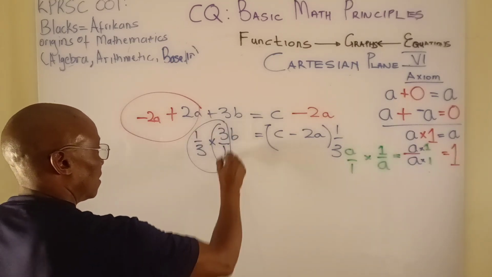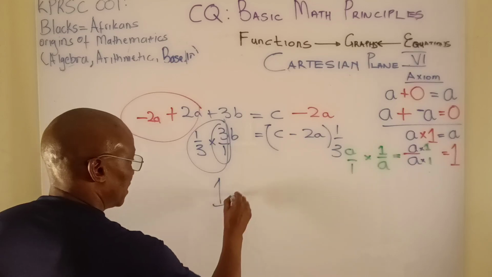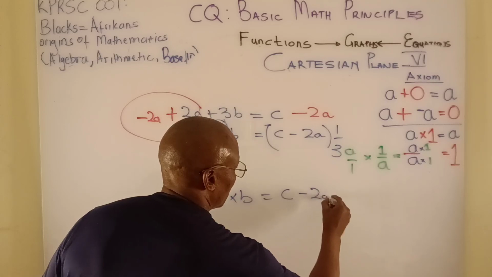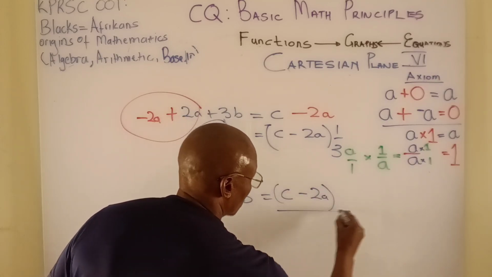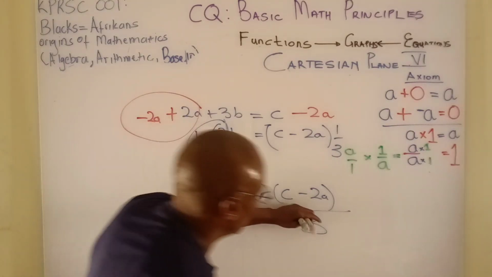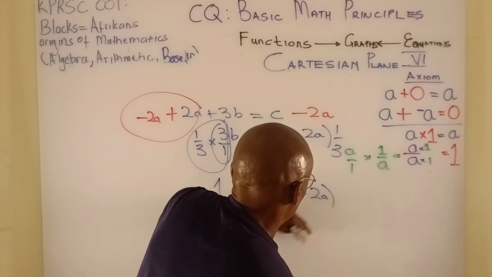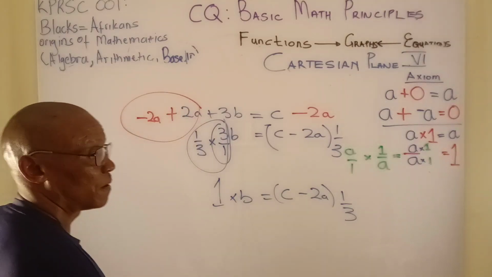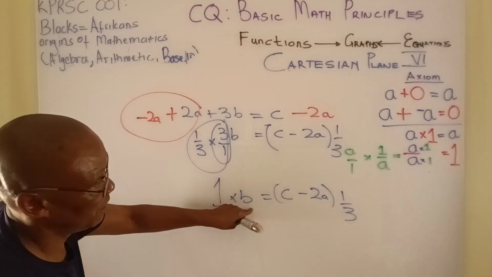This is what you call 1 times b, which is c minus 2a multiplied by, or rather, if you wish. I hope you understand this. If you don't like it, 1 over 3. 1 over 3. What is 1 times b?